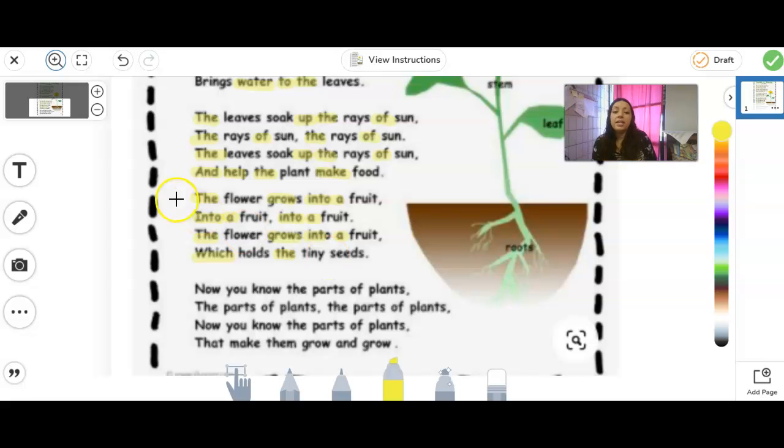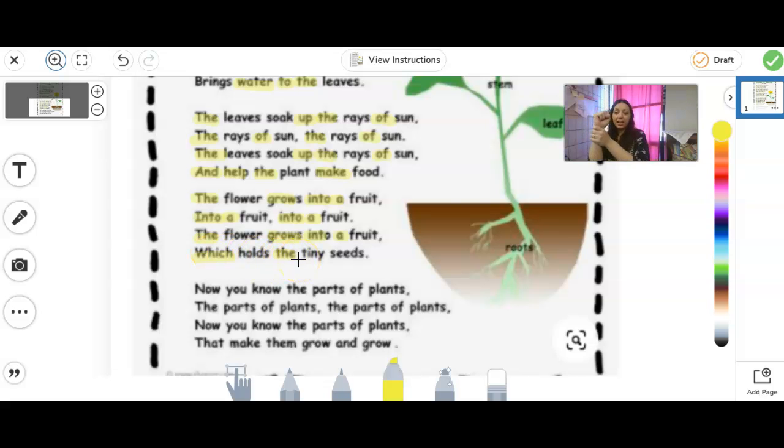So now it says the flower. The flower grows into a fruit, into a fruit. The flower grows into a fruit, which holds the tiny seeds.